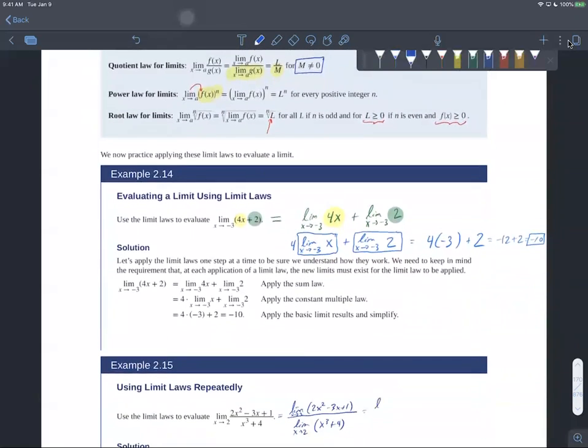Basically, I'm going to apply the limit as x approaches 2 of 2x squared plus the limit as x approaches 2 of -3x plus the limit as x approaches 2 of 1, divided by the limit as x approaches 2 of x cubed plus the limit as x approaches 2 of 4.